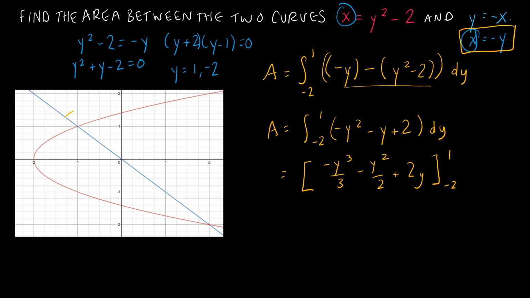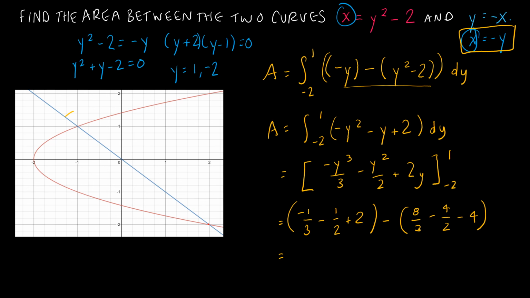Now I'm just going to plug that in. I'm going to get negative 1/3 minus 1/2 plus 2, and I'm going to subtract positive 8/3, and then minus 4/2, which is just 2, and then minus 4.